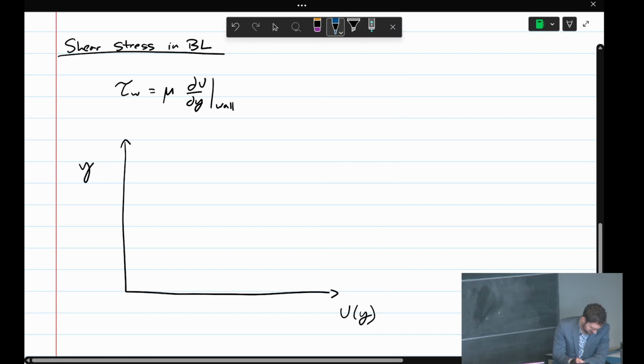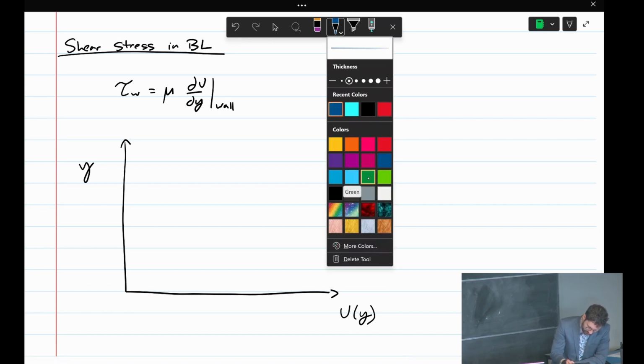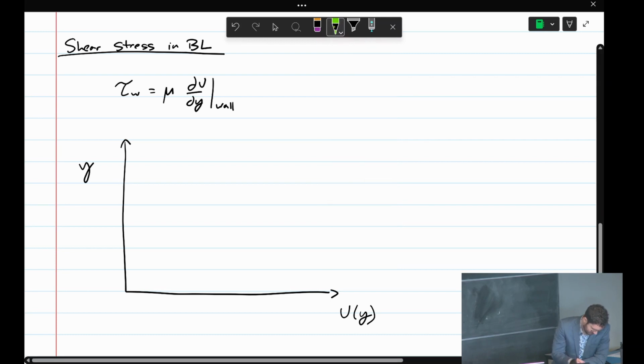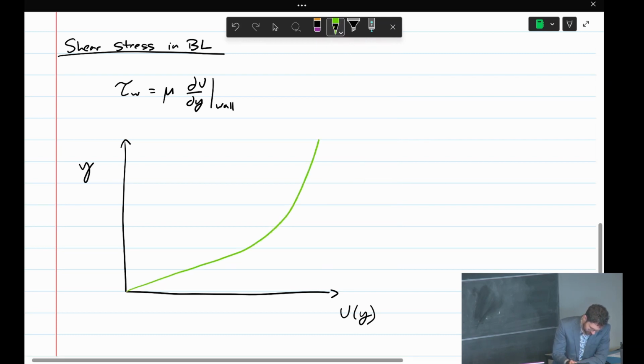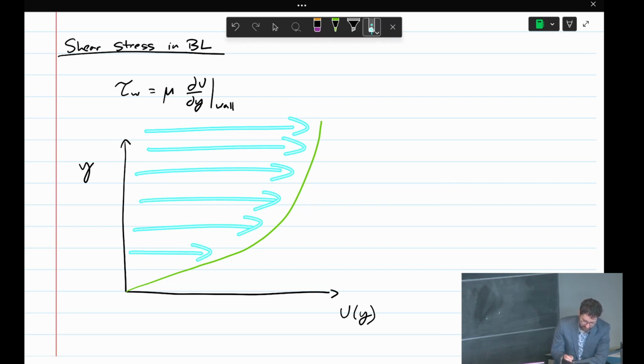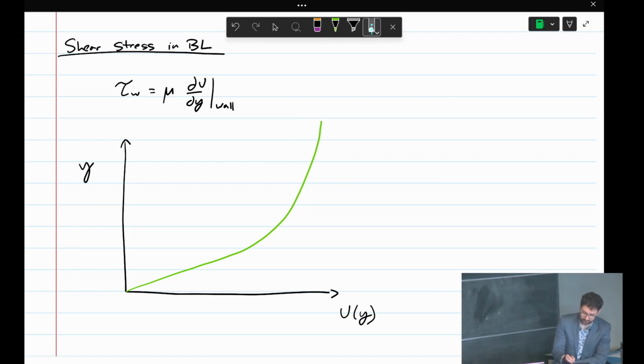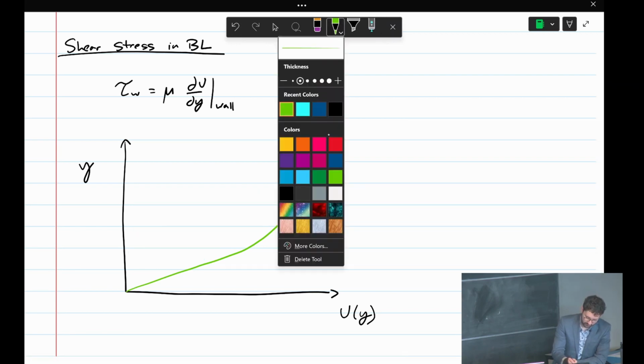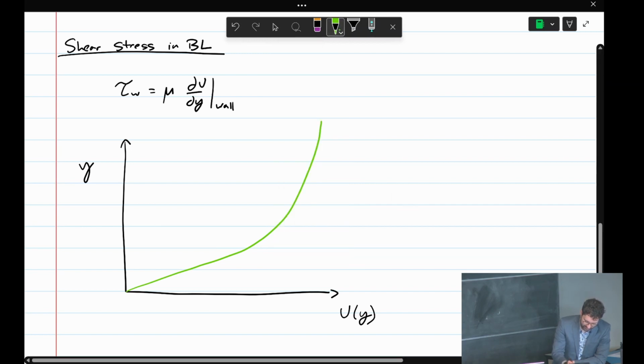I'll do the laminar one first. The laminar boundary layer looks something like this. What I'm drawing here, you can imagine as the velocity profile at a given x location. So that is the laminar case.